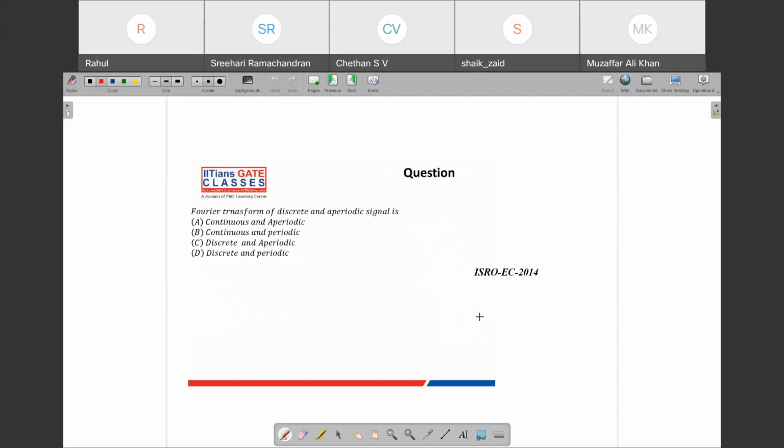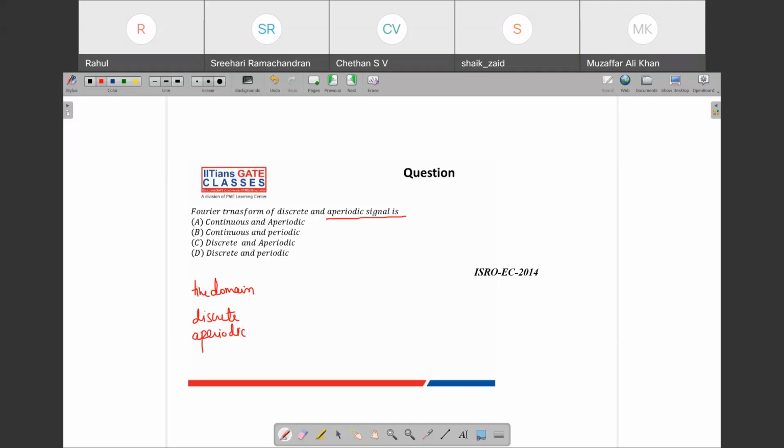Now, this is a problem I've taken from ISRO. The Fourier transform of a discrete time aperiodic signal is, okay. In the time domain, it is discrete and aperiodic.